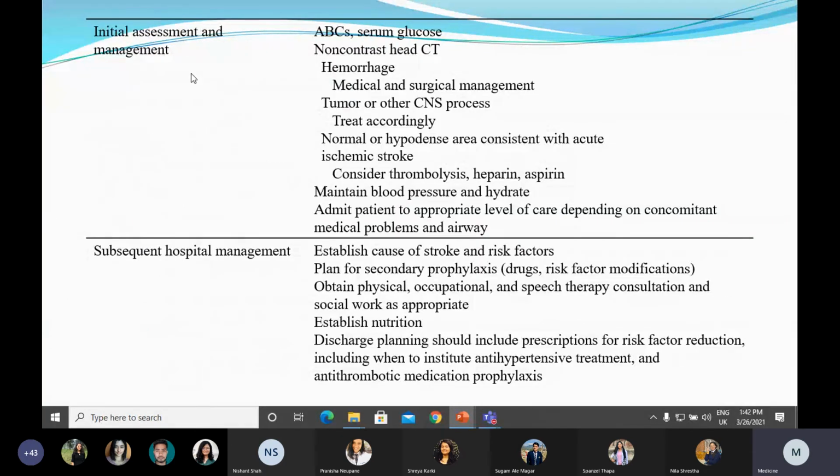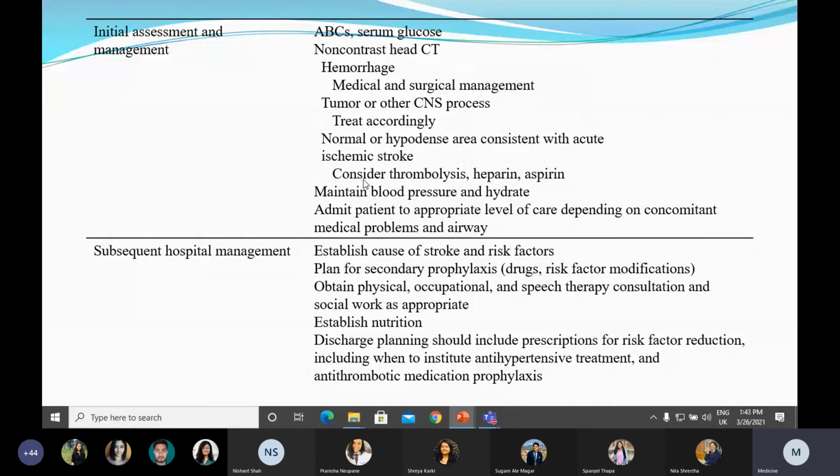So the initial assessment, you go for ABC, airway. Then you look at the serum glucose level, go do a CT scan. If it is a hemorrhage, then we go for medical or surgical management. If it is a tumor or other CNS processes, then treat accordingly.